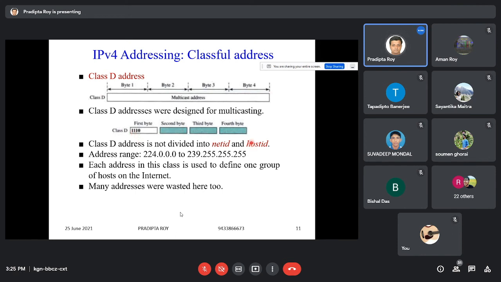If all 8 bits are filled up with all ones, you will get 255. So there are three 255 numbers, and for the first byte, the value will be calculated as 255 minus 16. This is equivalent to 16. Okay, so 255 minus 16 is 239. So that is the last address of class D.